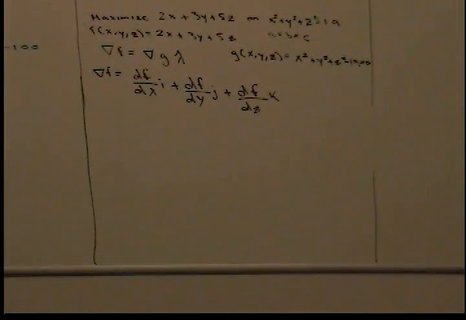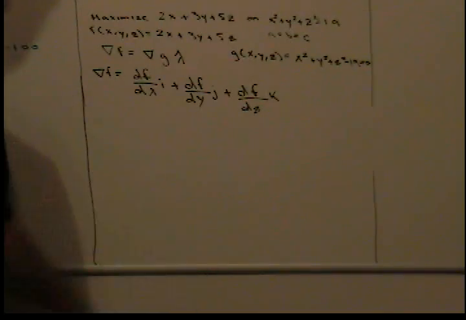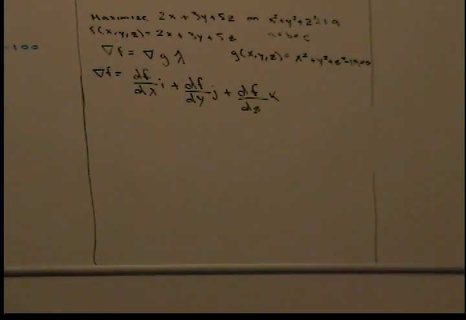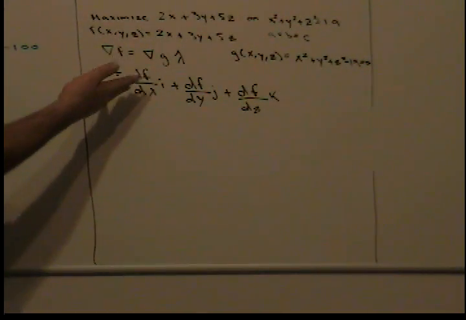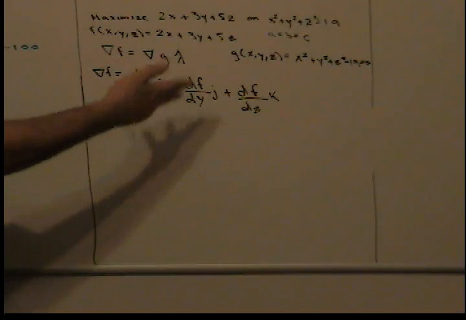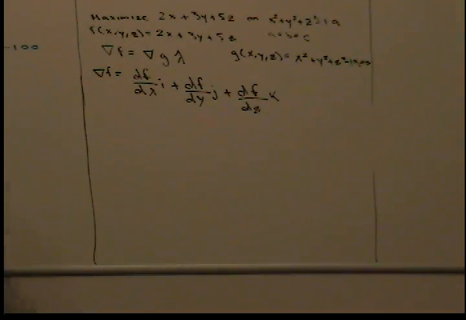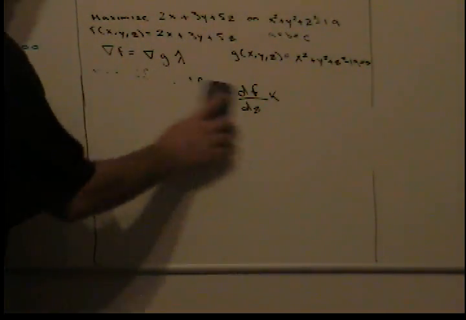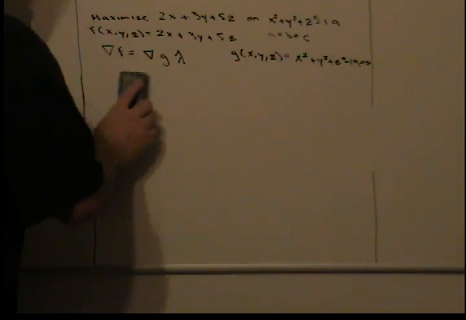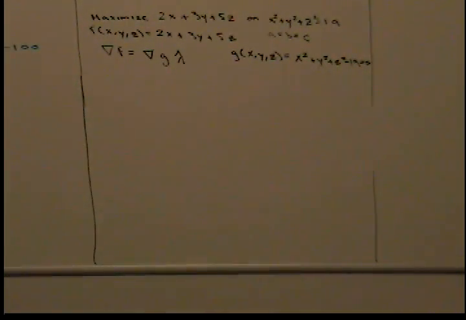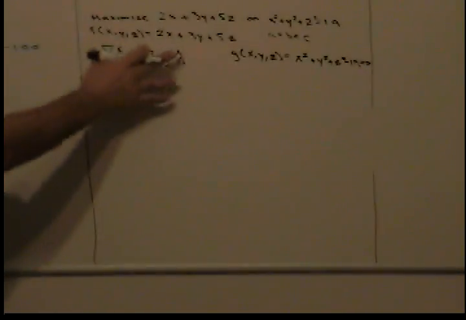So that's what the gradient equals, and likewise the gradient of g is the same thing, but you're taking the gradient of g with respect to x, y, and z. You should have already been introduced to gradients before you start using Lagrange multipliers, so you should be alright in understanding this method.